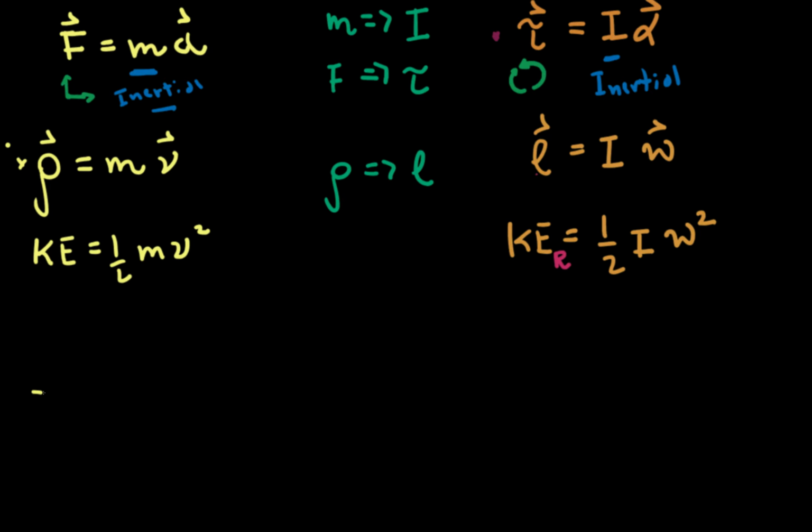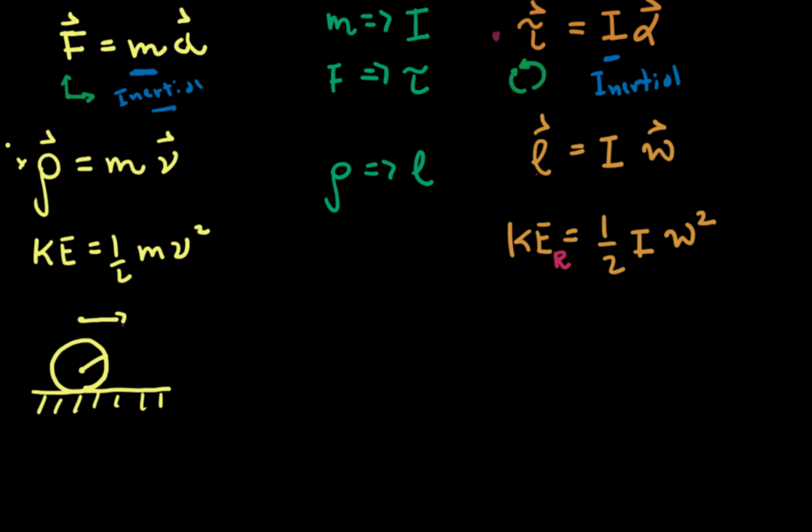Which means that for an object that can rotate, so let's say you had a disk. There's a line here to mark where the disk is pointing.